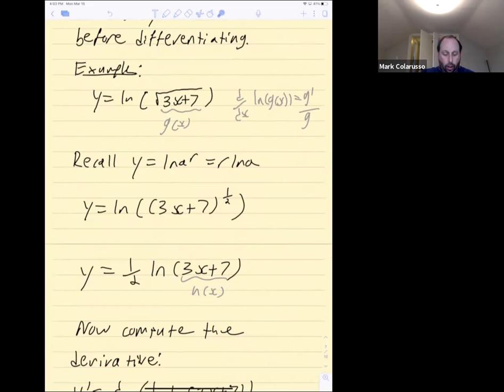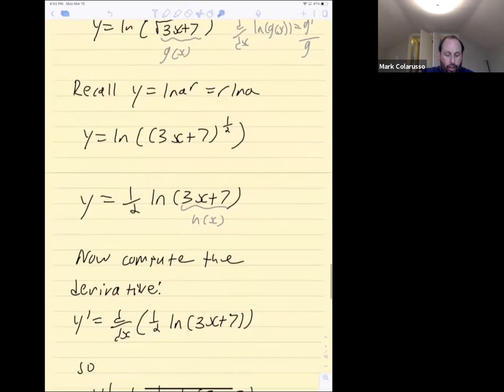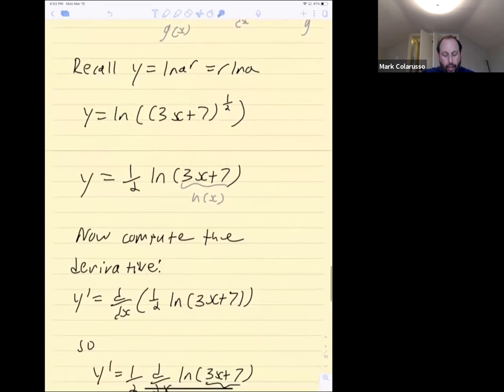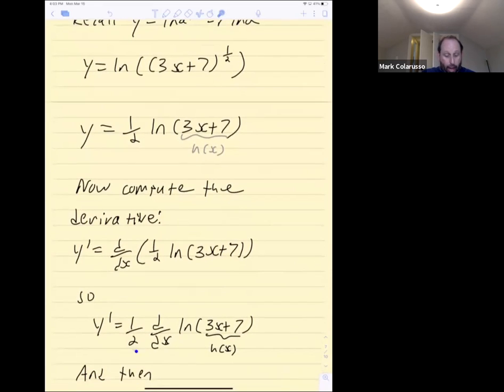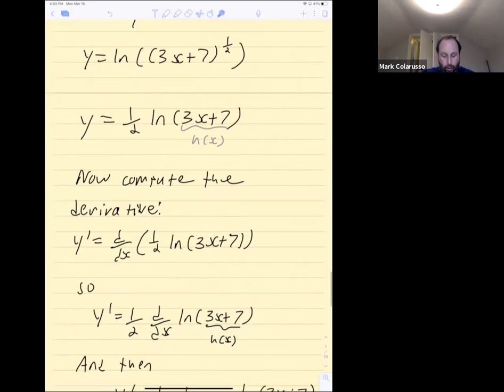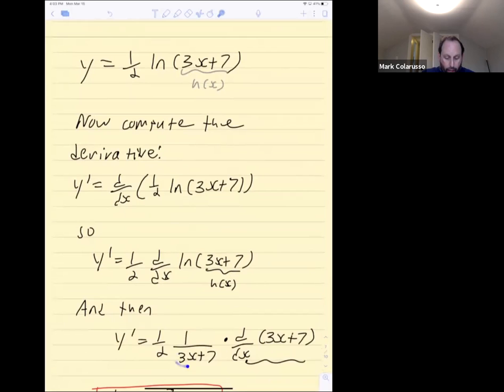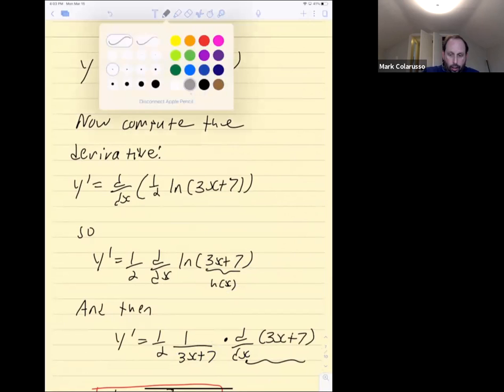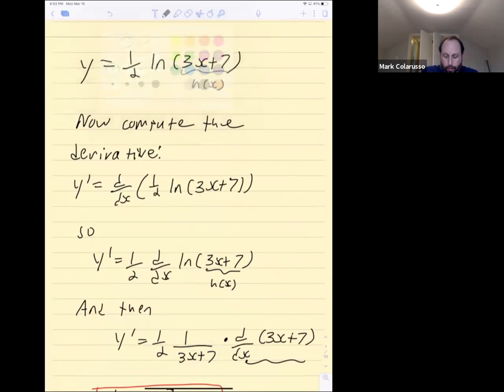If I call that h, then I can now just take the derivative of this, and there's no square root involved at all. So I can bring the 1/2 outside the derivative of ln(3x plus 7), call that h, and it's of course 1 over h. So it's 1 over 3x plus 7, 1 over the inner function, times the derivative of 3x plus 7, the derivative of this h, so this is like h prime here.